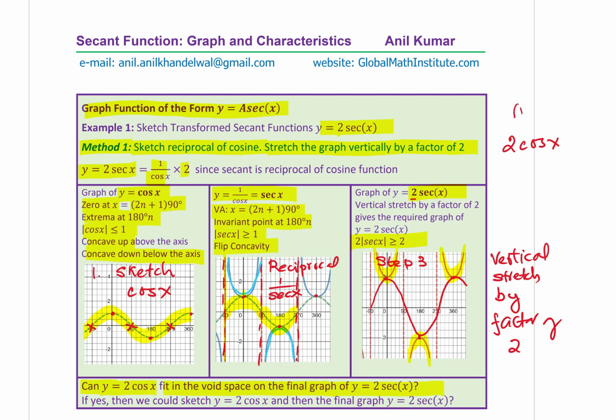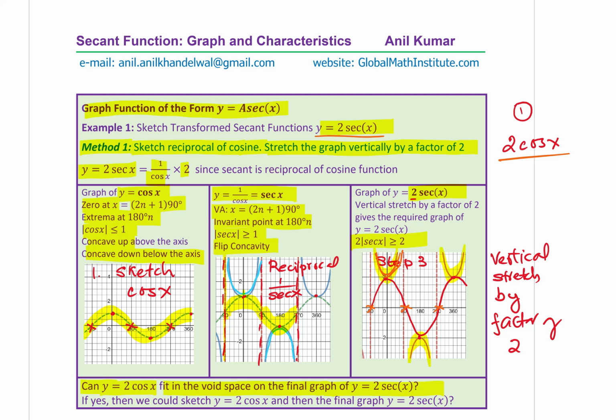So step number 1 could be sketch 2 times cos x, and then at each zero, we have the vertical asymptotes, perfect, and flip the concavity with invariant points, right? So we could actually sketch 2 times cos x straight away and get the graph of y equals 2 secant x. You get the idea.